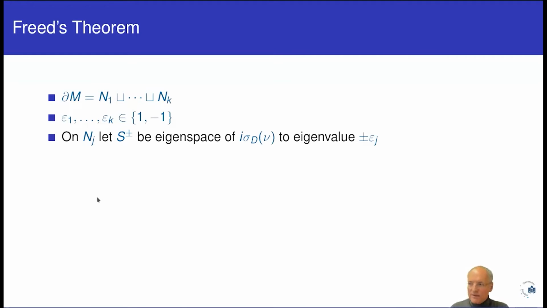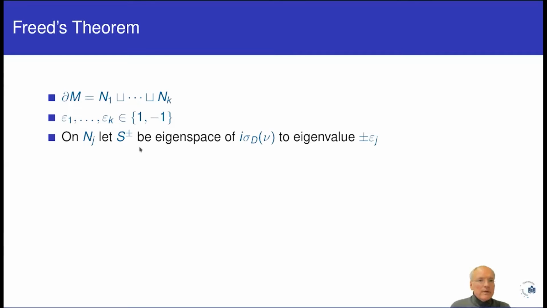The N's don't have to be connected; they can also be collections of connected components. To each of these N's, I associate a sign, which I call epsilon. So N_1 gets associated epsilon_1, which is plus or minus 1. Each of them gets a sign, which I just choose in an arbitrary manner.